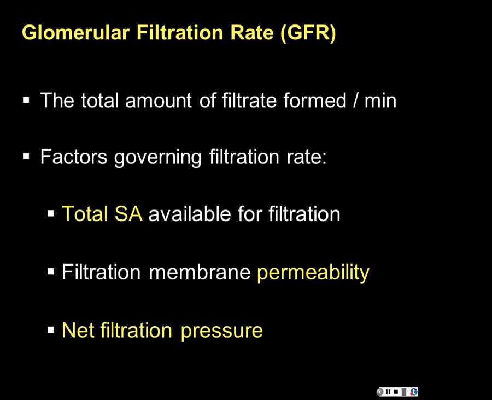Obviously, the greater the surface area, the filtration rate will go which way? Up. The permeability of the membrane: if it's more permeable, the filtration rate should also go up. And then there's what's called the net filtration pressure, which we haven't really addressed in any other capillary, so it might be a little bit new to us. So we're going to look at the net filtration pressure.